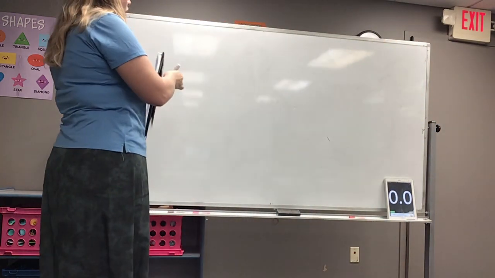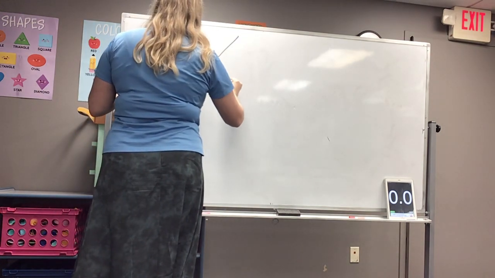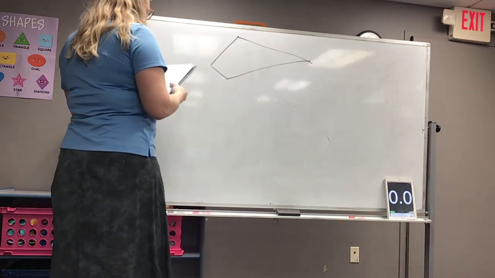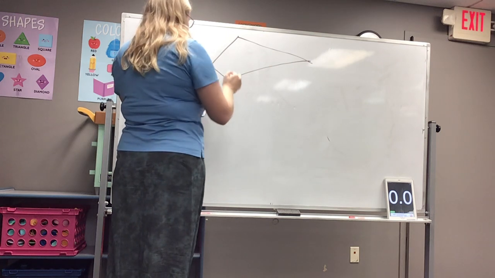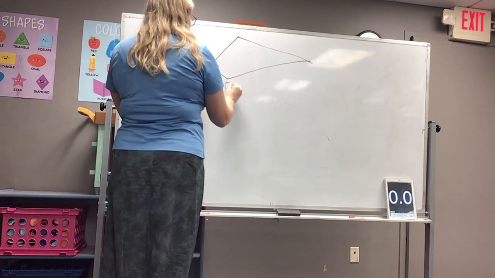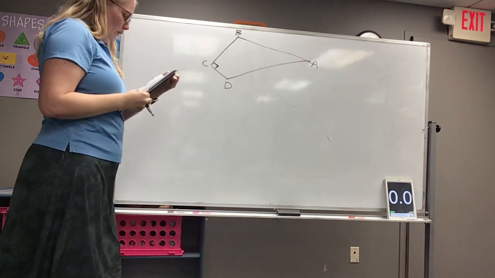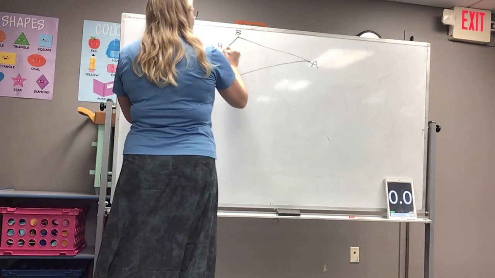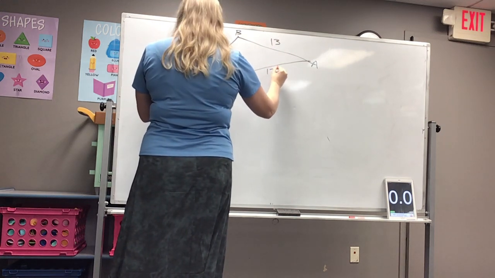We have a goofy looking quadrilateral. The measure of angle C right here is 90. And we are told the side lengths of 3, 4, 13, and 12.